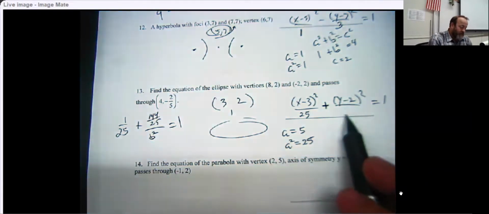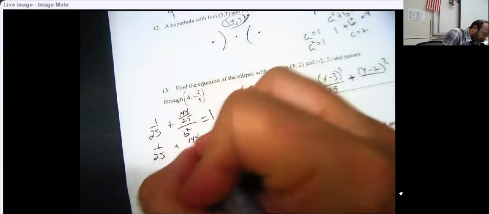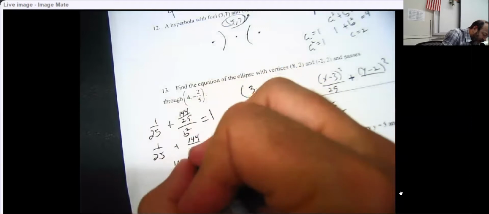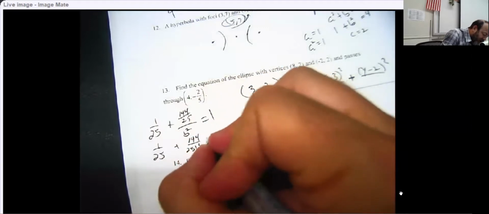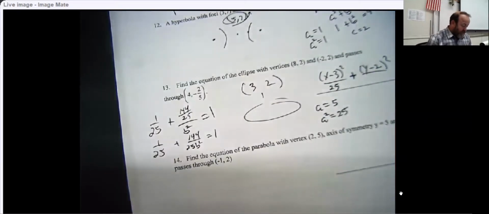Now, I could put a b squared here, but I'd really like to find out what b squared happens to be. Now, in this particular instance, I'm going to clean it up a little teeny bit because, as it turns out, this 25 really belongs in the denominator. So I think I'll just do a quick little fraction buster. And let's multiply everything by 25b squared.